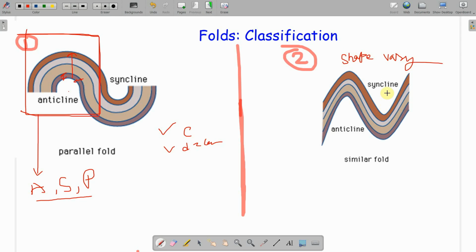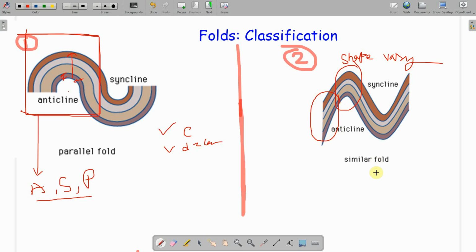The shape varies along the axial plane and also at right angles to the axial plane. Both sides the shape will be varying, and here every bed is thinner in the limb portion. So you can see that at the limb portion the bed is thinner and thicker at the hinge portion.